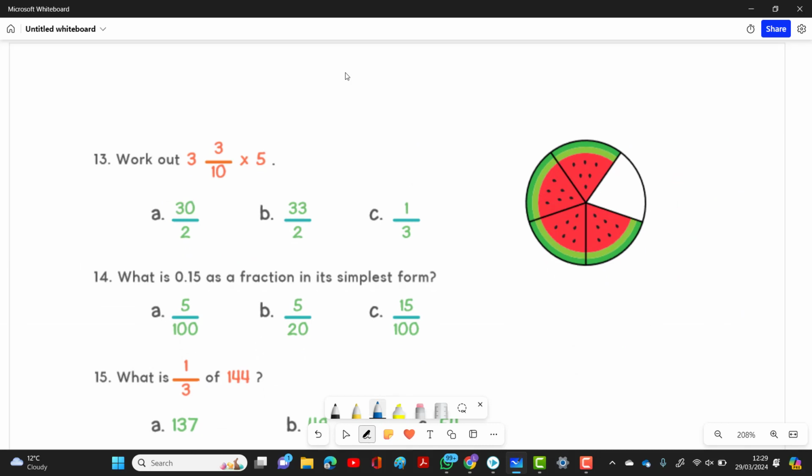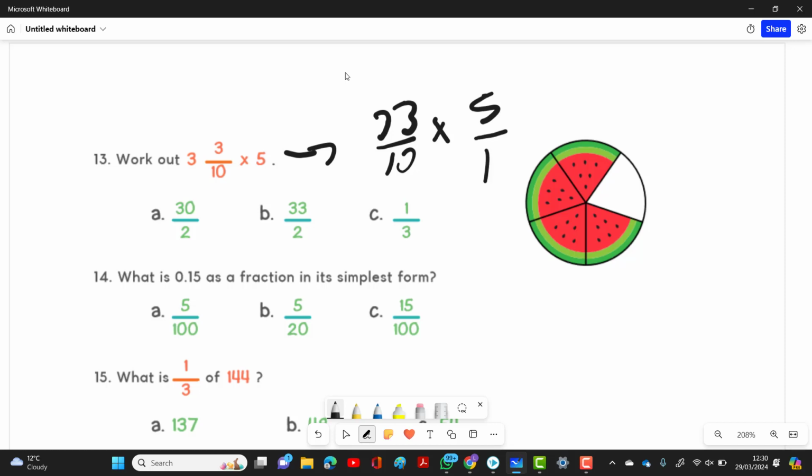Work out 3 3/10 times 5. So this is a mixed fraction. Turn it into an improper fraction. So it'd be 10 times 3 is 30, add 3, 33, times 5.